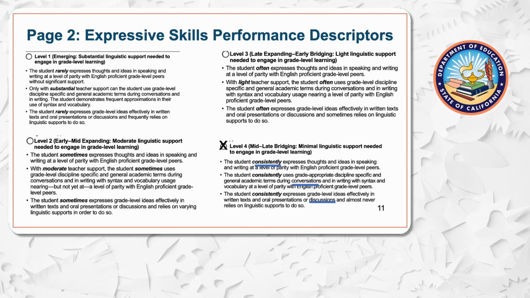However, when asked to write independently and without linguistic support during Science with Integrated ELD, let's say I noticed her writing was not yet at a level of parity with her grade level English proficient peers. For example, I might have noticed that she included accurate content and grade level vocabulary, but that her text connectives connected clauses in a way that left the connections between ideas unclear. In that case, I would mark this student's writing proficiency at a level 3.